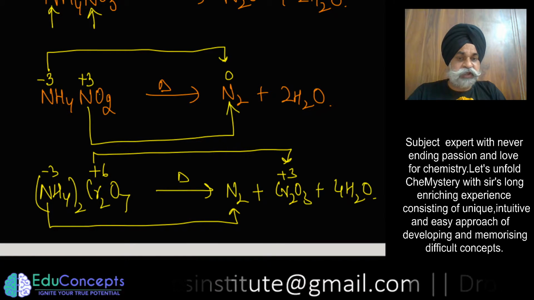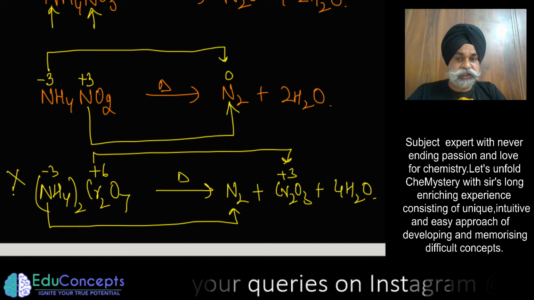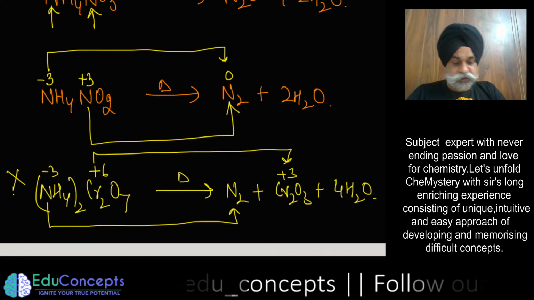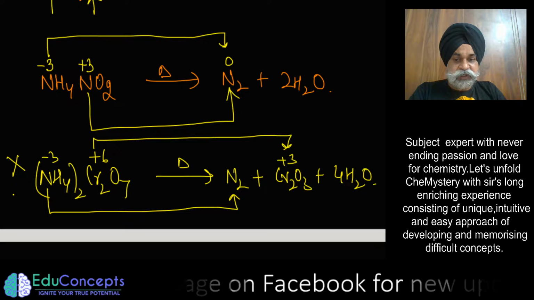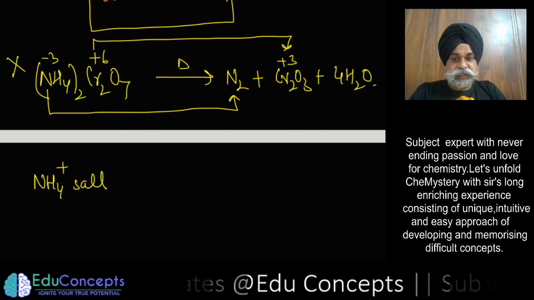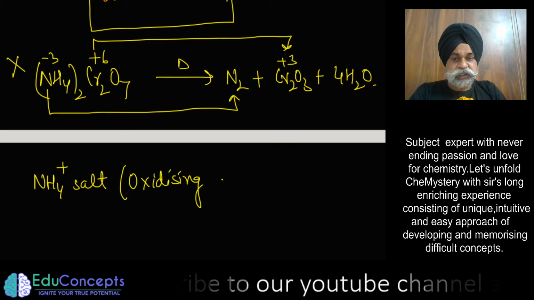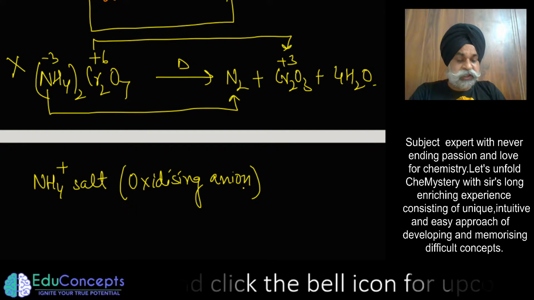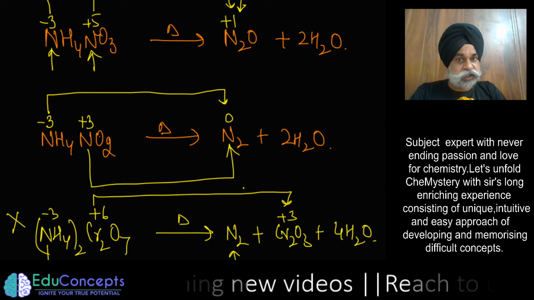So this was the video where we discussed it, but it is not a comproportionation reaction. I'm just making you aware of one important point which I want to share with you once again: whenever you have an ammonium salt with some oxidizing anion. Now, what do I mean by oxidizing anion? Any anion which has the tendency to go into a lower oxidation state.